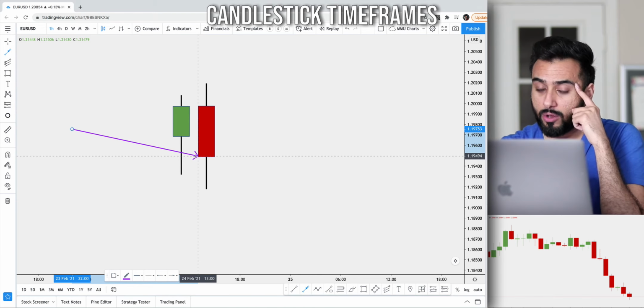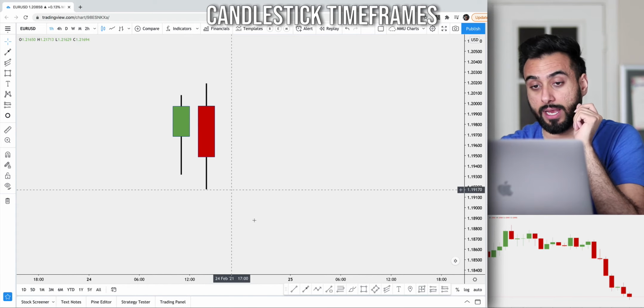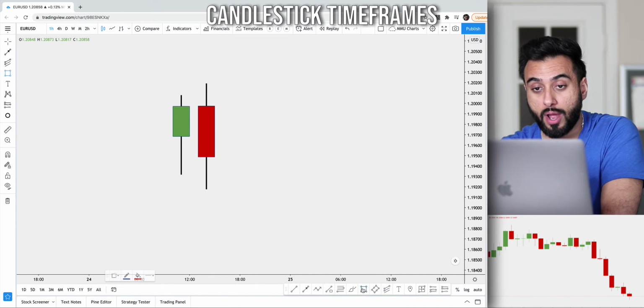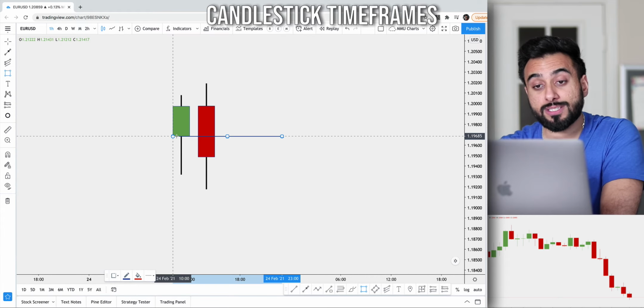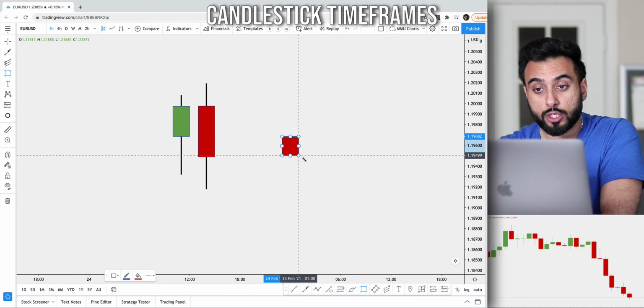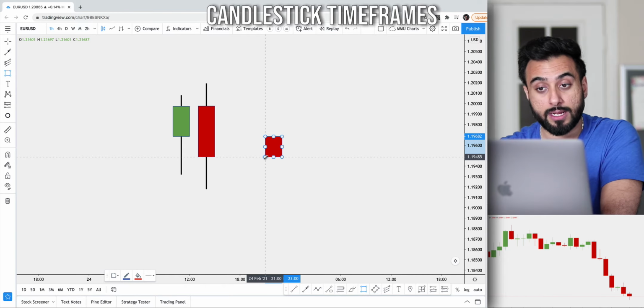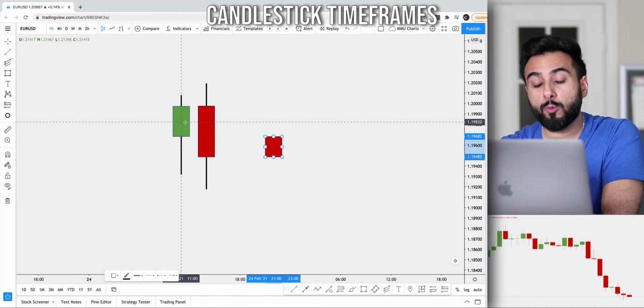So now, looking at this on a 2-hour time frame, what would the actual body look like? We would draw it opening in the same exact spot where it opened, right over here, and we close the 2-hour candle where the whole 2-hour session closed, which is right over here. Now, what was the highest point in this whole period?